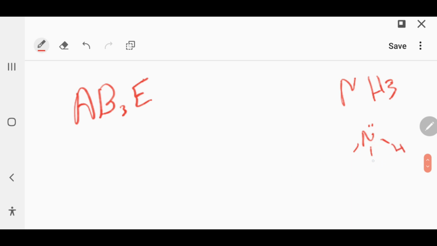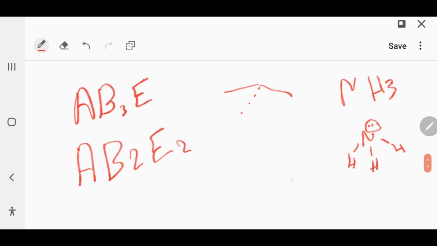This is NH3. We have a non-shared pair of electrons here. So the shape here will be trigonal pyramidal. Or if we have AB2E2, the shape will be angular or bent.